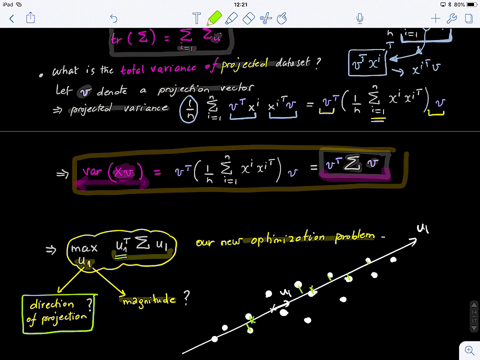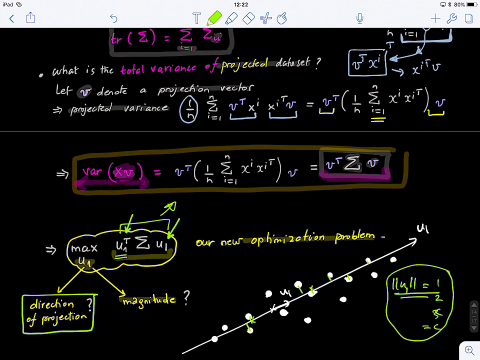Then this quantity will increase, right? This is a problem, so we need to add a constraint. I don't care if the norm of my U1 is equal to 1 or 2 or 3, a constant, but I want to constrain it to be fixed, because if I don't, the algorithm will just try to boost the norm of U1 instead of the direction.